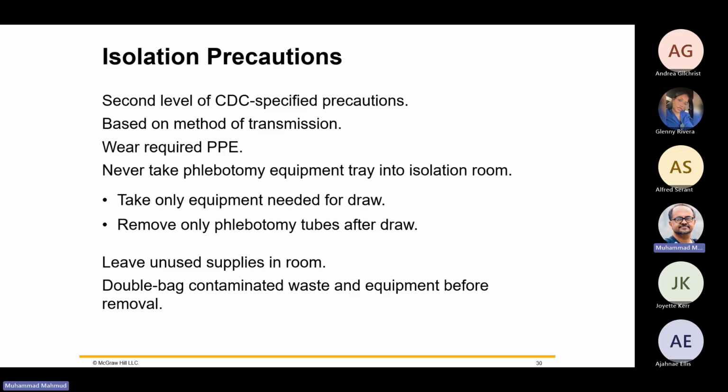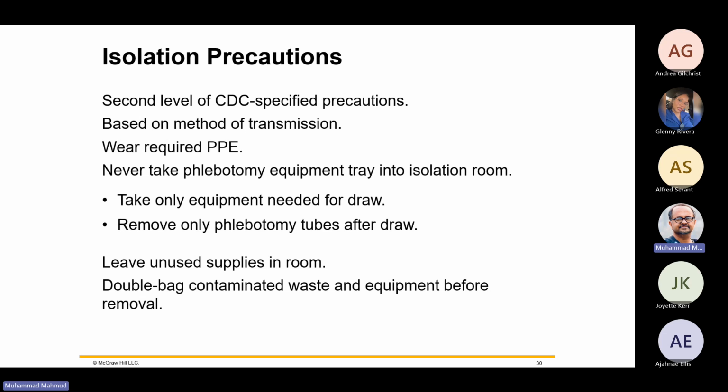Double bagging is used to remove contaminated waste and equipment from an isolation room to avoid spreading pathogens. One person wearing PPE is in the room and places all the contaminated items in a biohazard labeled bag and closes the bag.